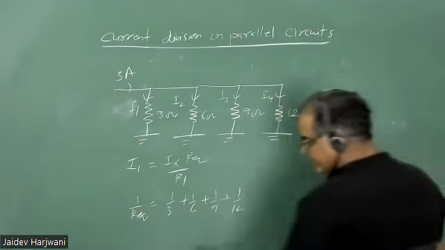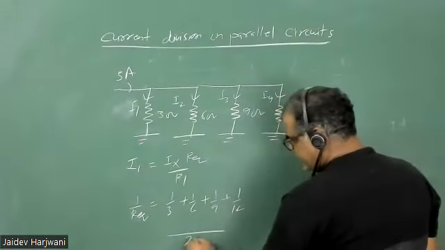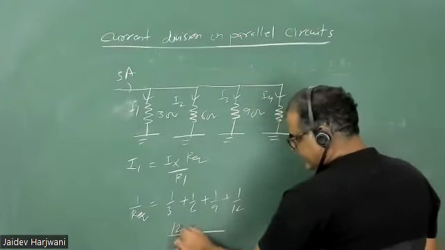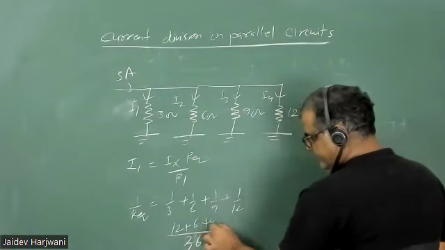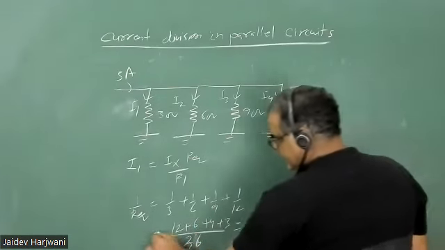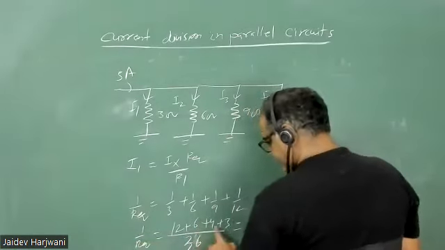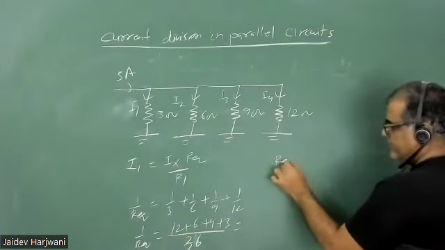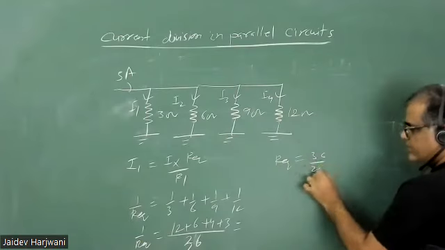So how much will come? That is 12 plus 6 plus 4 plus 3 over 36, which is 25 over 36. So R equivalent will be 36 upon 25.